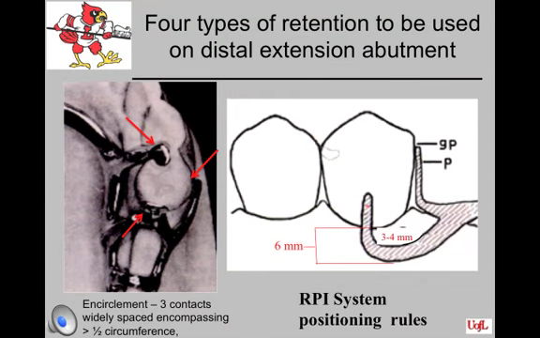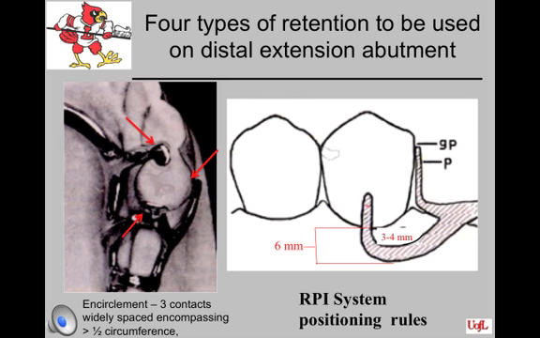The principle of encirclement, as it applies to the bar clasp, indicates that you must have at least 3 widely spaced areas of tooth contact, which embraces more than 1/2 of the tooth's circumference. This is illustrated on the image to the left.